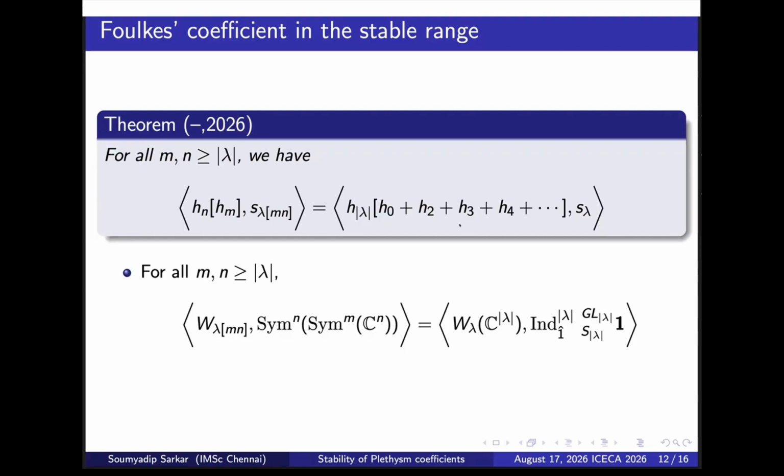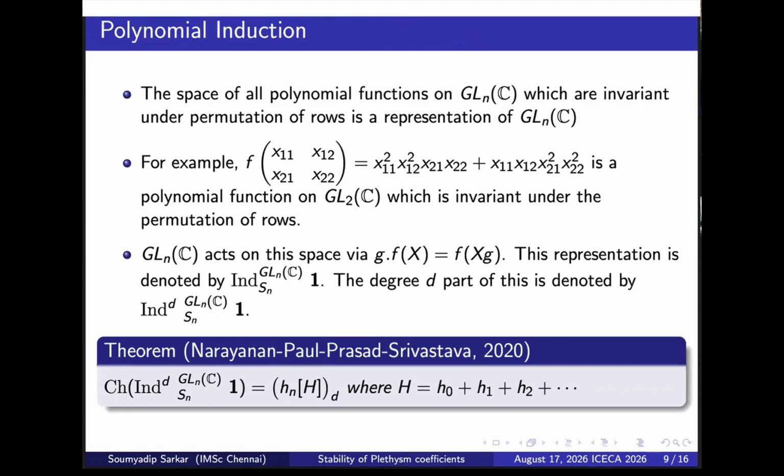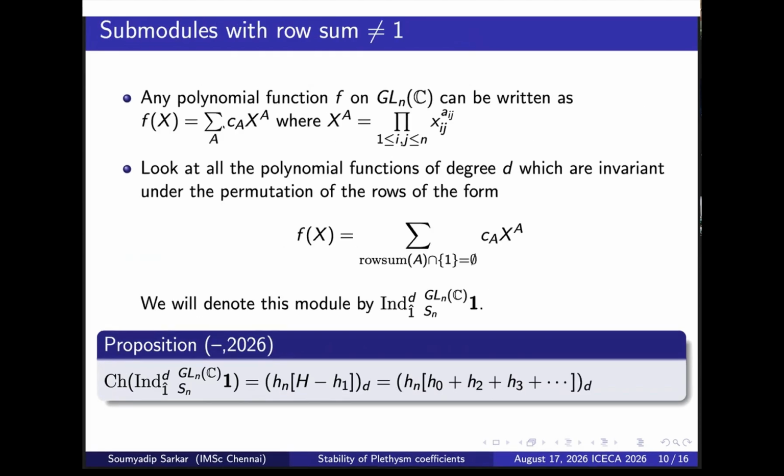And it's not so difficult to see that this is actually a submodule. You can check that this space is invariant under the action of GLn C by right translation. So this is what I call the submodule with row sum not equal to 1.